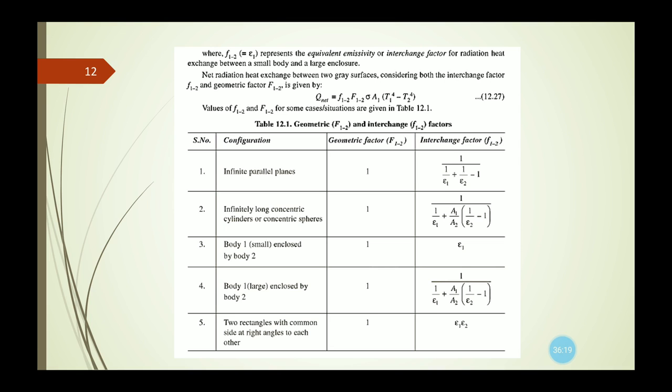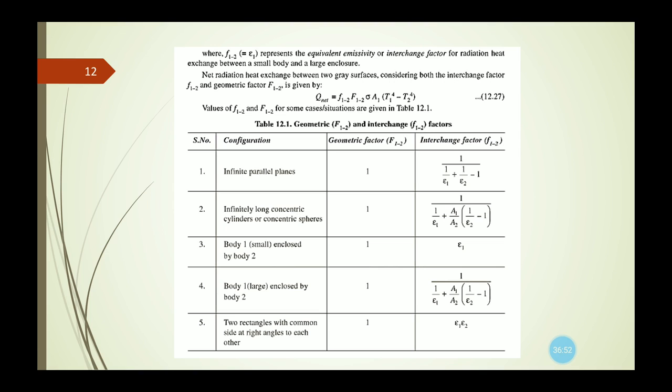In the last case, when there are two rectangles with common side at right angles to each other, the geometric factor is equal to 1, and the interchange factor is equal to epsilon 1 multiplied by epsilon 2. So this table covers 5 different configurations, whether it is infinite parallel planes, infinitely long concentric cylinders or spheres, a small body enclosed by another body, or two rectangles with common sides.